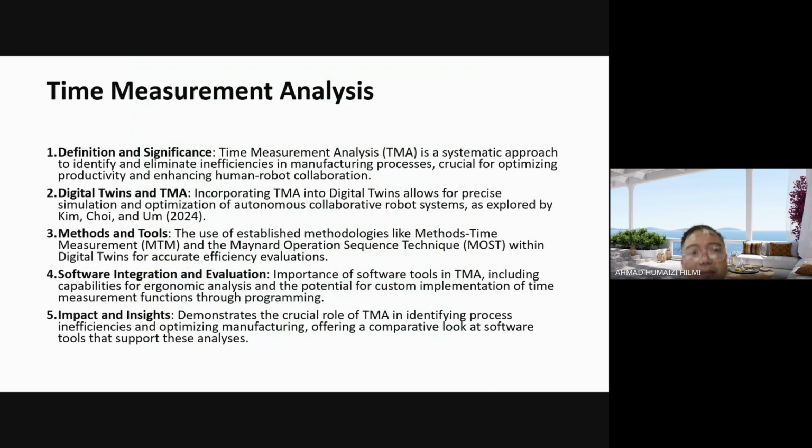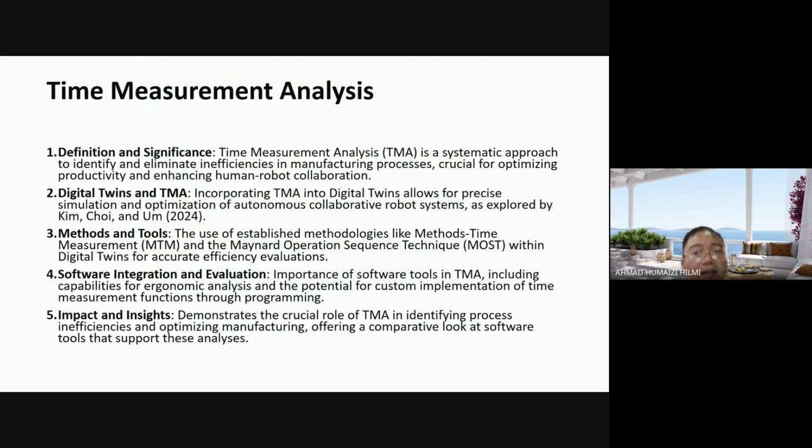A recent study by Kim and Choi in 2024 integrated time measurement analysis with digital twins. A digital twin is a virtual replica of the physical system, used to optimize the performance of autonomous collaborative robots. The integration allows for simulation and fine-tuning of robotics in a virtual environment before real-world application.